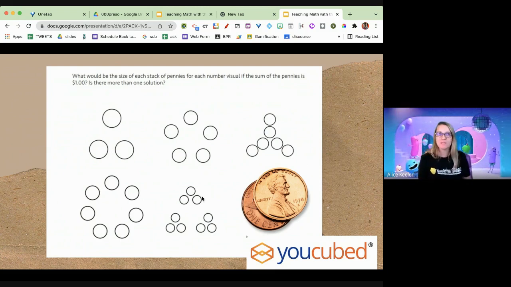UCubed is famous for this, where I read the question and I'm thinking, this isn't enough directions, and I want to give more directions to the students. Almost all the time, I want to give more directions. I want to be more clear about what I want. Math's not about what I want. That's not what math is. Math is creative, math is visual, math is thinking, you've got to think about it. How often in life are the directions that you have to figure out clear?